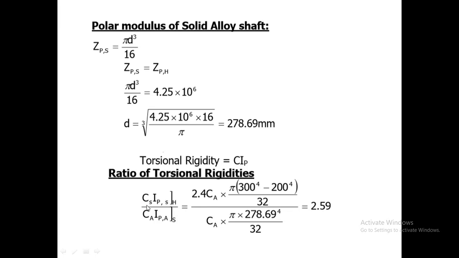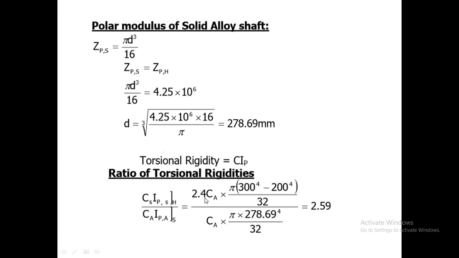So just to compare the G value, G of the steel shaft is compared with the G of the alloy shaft here. So rigidity modulus of the steel shaft is compared with the rigidity modulus of the alloy shaft, and we know that rigidity modulus of the steel is 2.4 times the rigidity modulus of the alloy here.